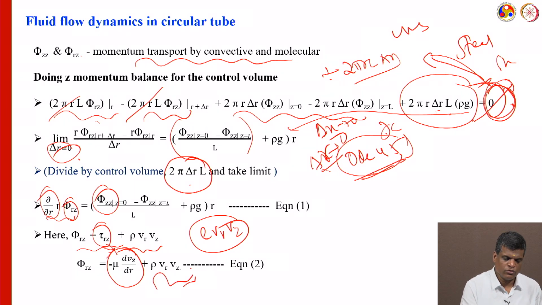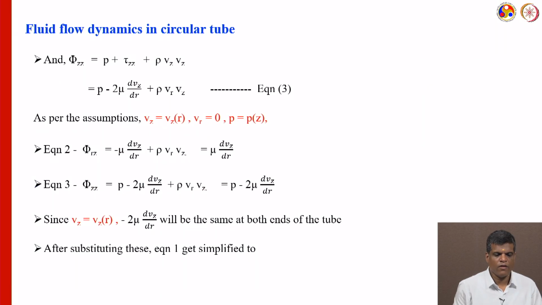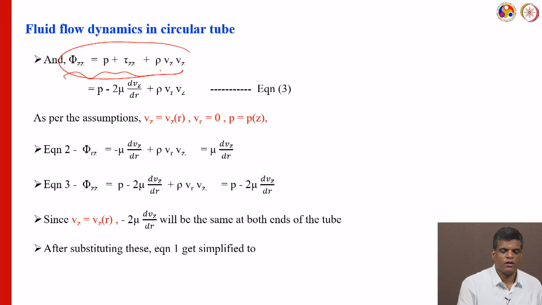The first is for viscous effects, because wherever viscosity is there in Newton's law, there is a viscous effect. Then this is convection. So now pi z is equal to p plus tau z plus rho v z by this here.